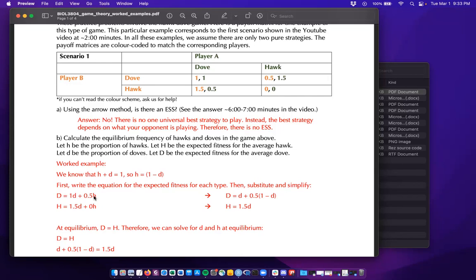We don't know what those little numbers are, but that's what those symbols represent. This is the payoff every time I encounter a dove times the probability that I encounter a dove, and this is the payoff every time I encounter a hawk times the probability that I encounter a hawk.